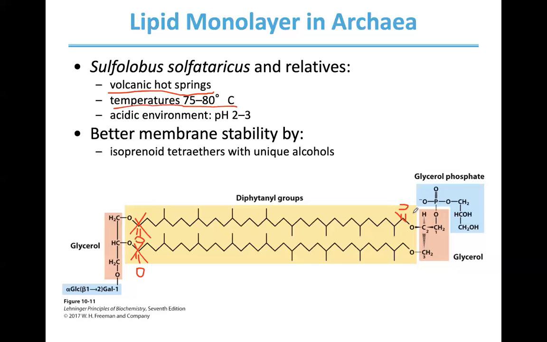The entire biochemistry. All right, and so you can see this one, now these are isoprenyl groups. Isoprenoid tetraethers. Isoprene is from OChem 1, OChem 2.